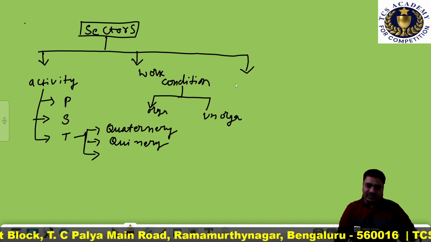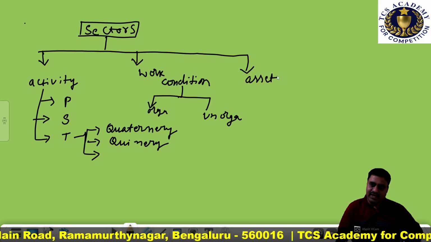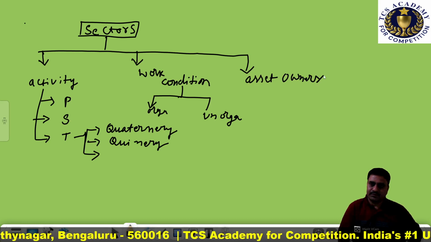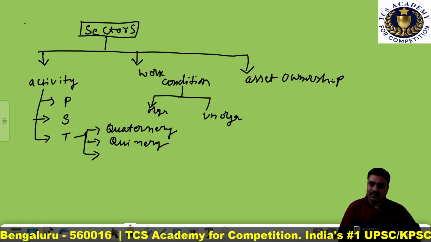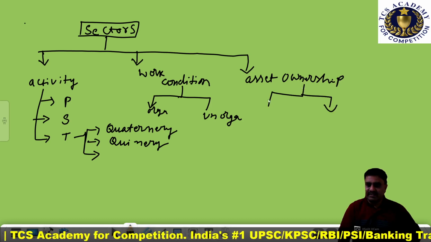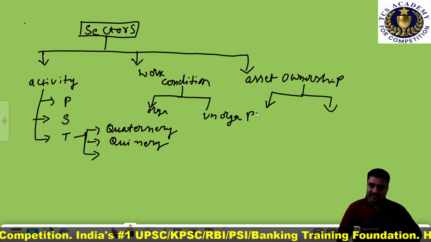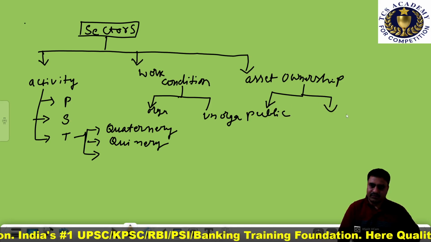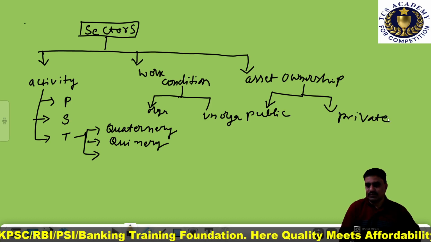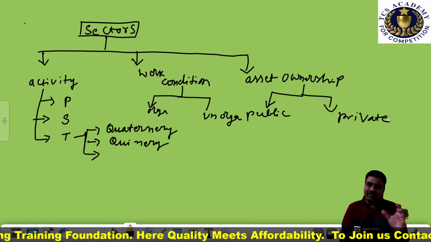So one more classification we have on the basis of asset ownership. On the basis of asset ownership, we have classified the different sectors into two sectors. One is public sector and private sector.